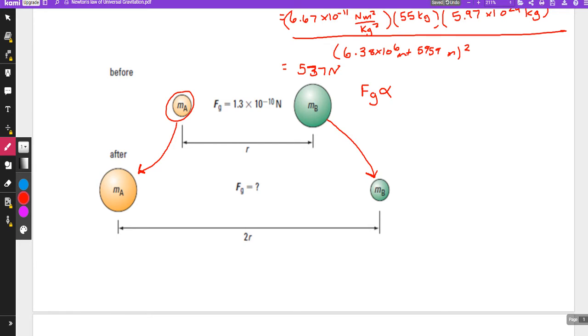So I want you guys to take a good look and figure out what you're seeing there. We have our Fgs, we have a radius, we have an Fg for our original situation, but we want to figure out what the Fg is for the secondary situation.